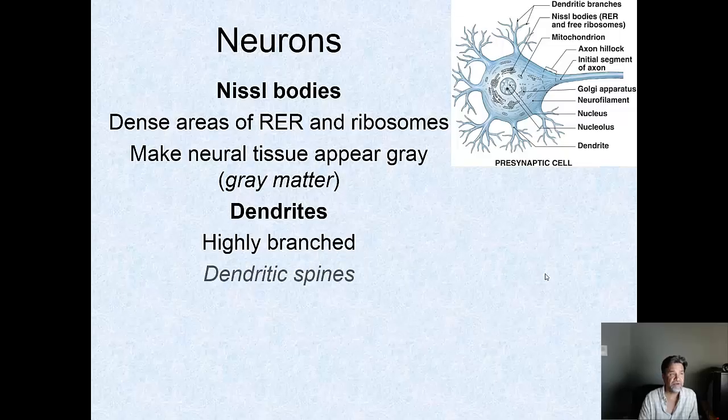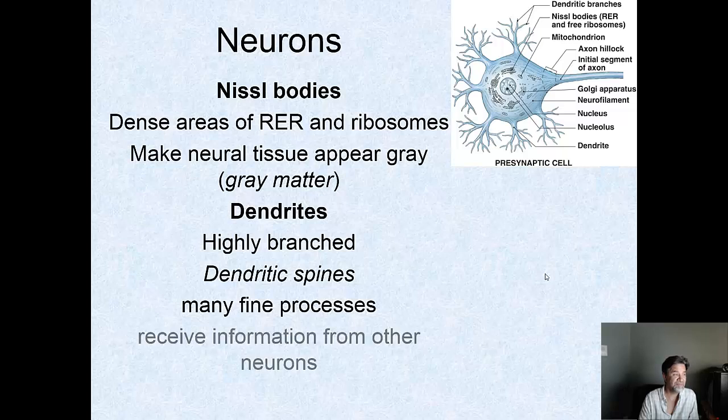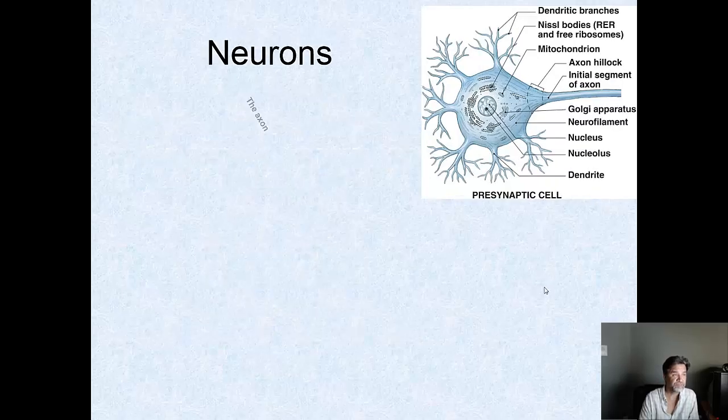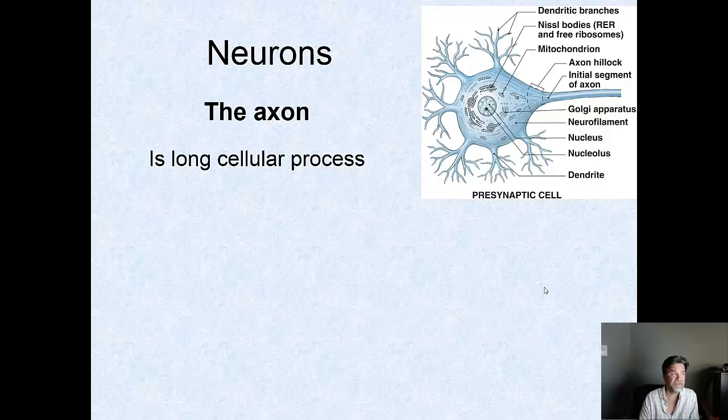The dendrites that are highly branched, they're sometimes called trees. They're also sometimes called spines. Depends on what they appear like to whatever scientist happens to be naming them. They receive information from other neurons. They can also serve as sensory structures. There's a lot of things going on with dendrites. The big, long, singular process that's going to convey information from one neuron to another is called the axon.